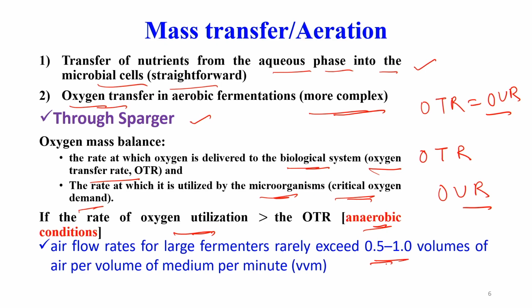And what is the typical flow rate of air? It is in huge quantity, about 0.5 to 1 vvm, volume of air per unit volume of reactor per minute. So, it requires a huge quantum of air supply.